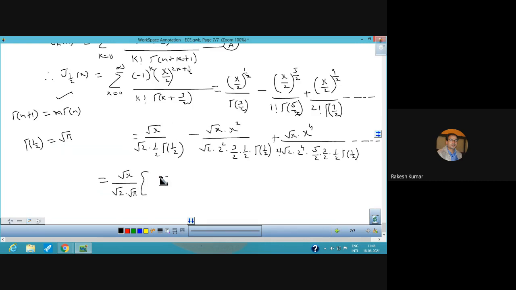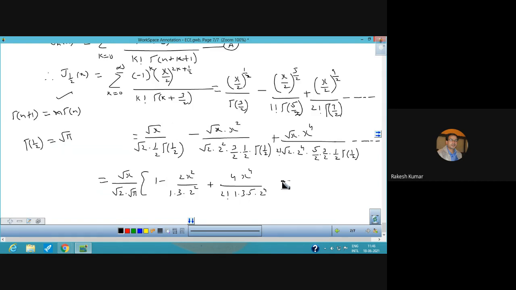So inside the bracket, you will have 1 minus 2 x square from here, and that is 3 into 2 square plus 4x4 divide by 2 factorial 1 3 5, this is actually 1 into 3 into 2 raised to power 4.